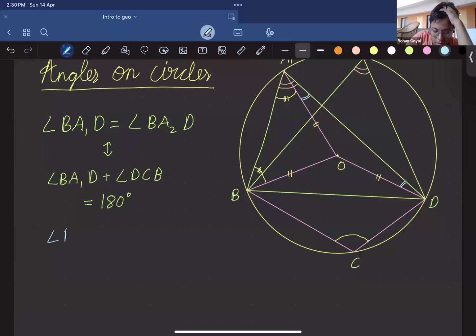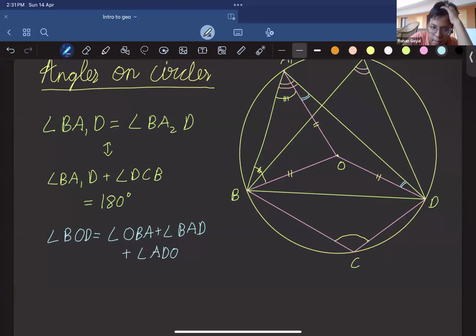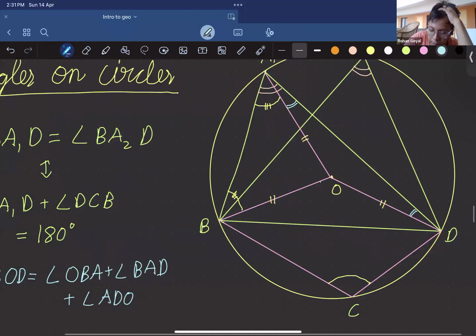So then we find that angle BOD is equal to, sorry, it is equal to angle OBA1 plus angle BA1D plus angle A1DO. This angle is just the sum.